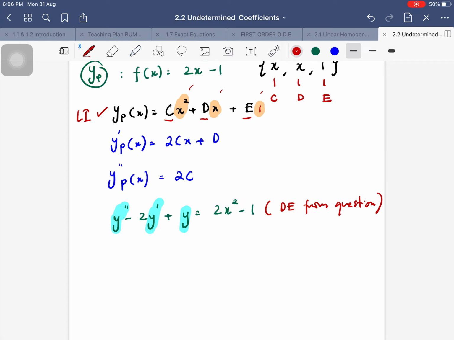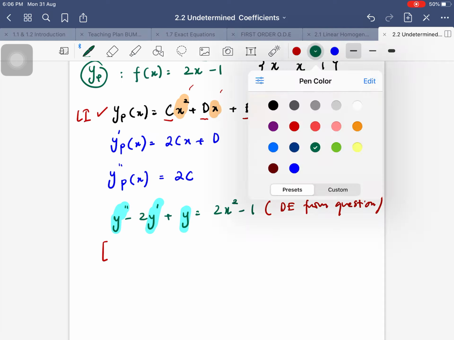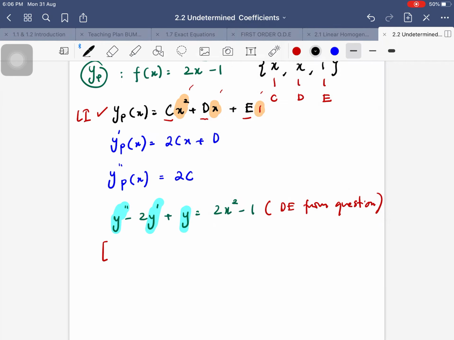So I'm going to start by substituting the y double prime. Okay, for this case, so let me put a red bracket around, and I need a black as well. So y double prime, according to what we have over here, is going to be given by 2c. That is my y double prime. And then I'm going to have a minus 2. And then I'm going to substitute the y prime, which is given by 2cx plus d.